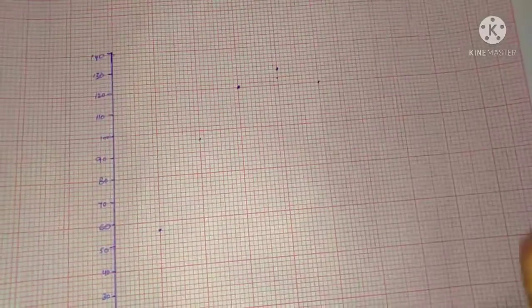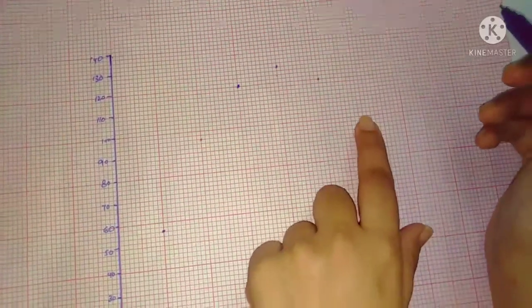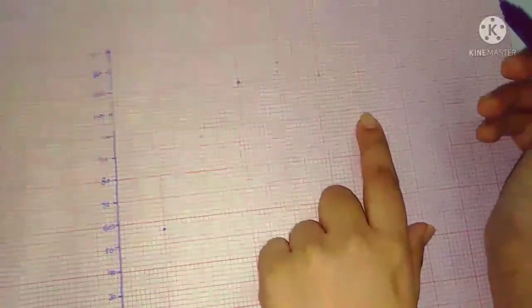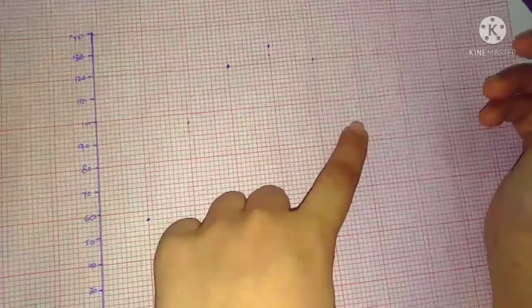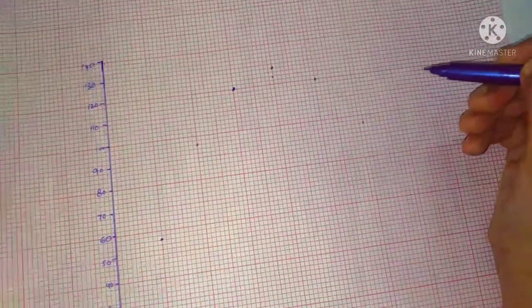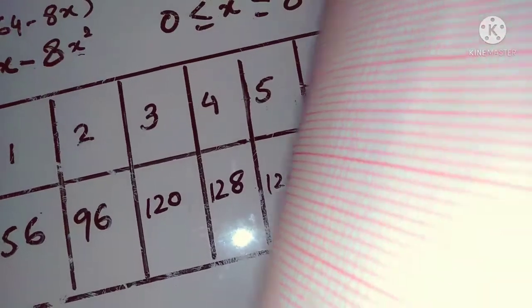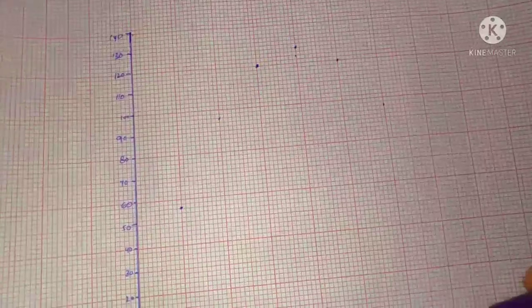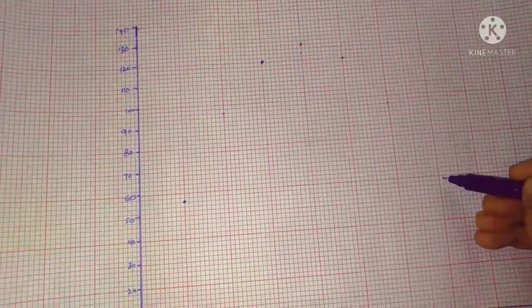On 6 it's 96. 90 is here, 92, 94, 96. On 7 it's 56, it will come here.